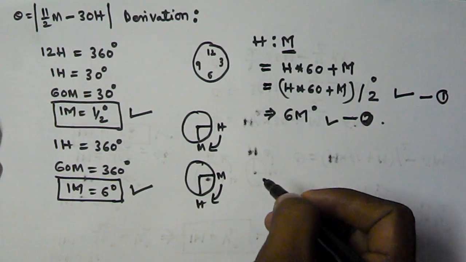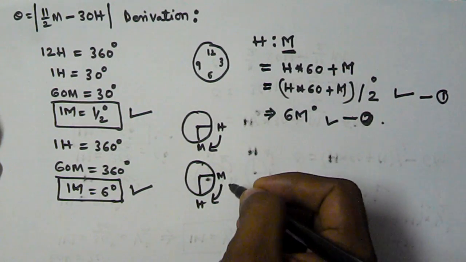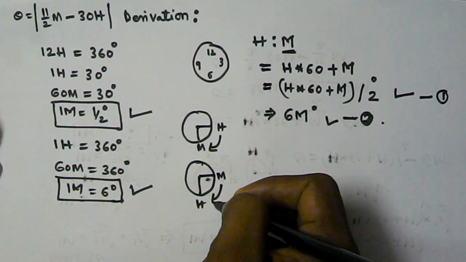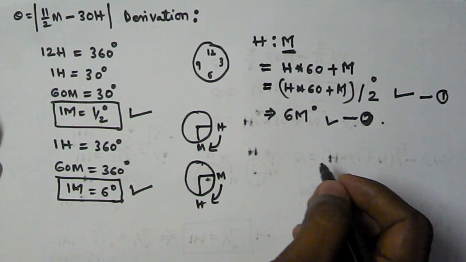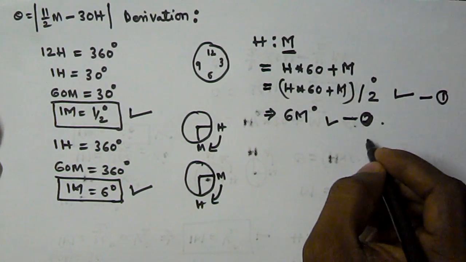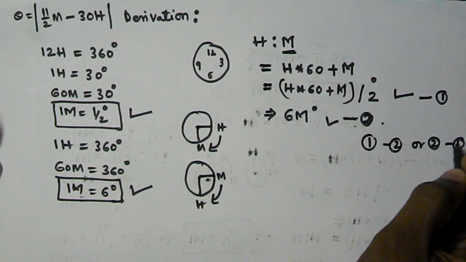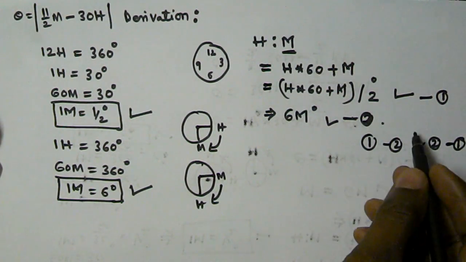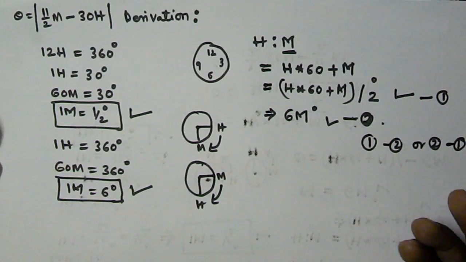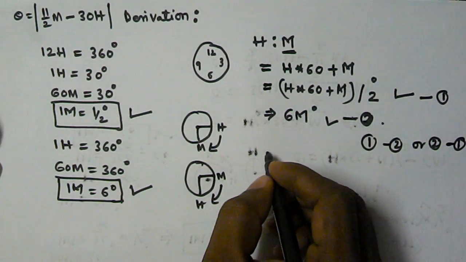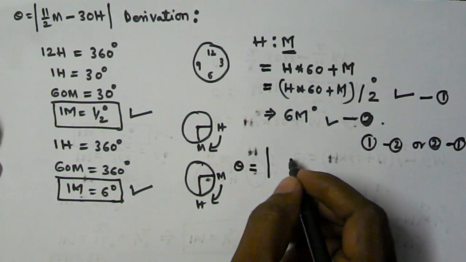So you can subtract the angle made by the minute hand minus the hour hand, or the angle made by the hour hand minus the minute hand. So we take 2 minus 1 and put it into the modulus, because it will cover both cases. So the angle between both of them is theta equal to the modulus.